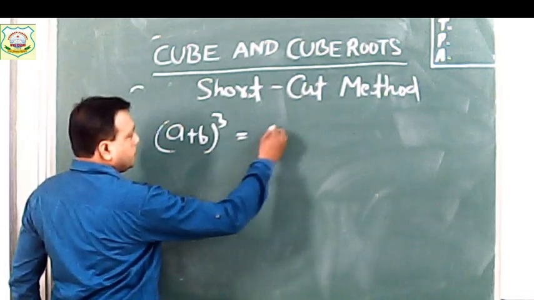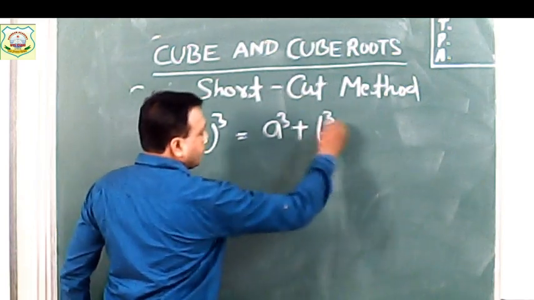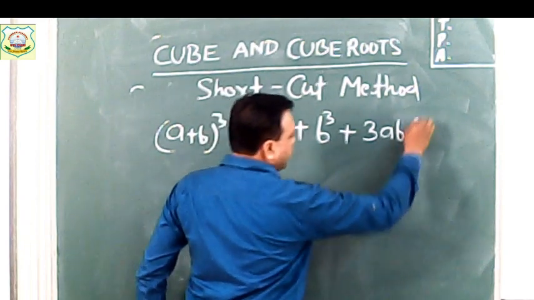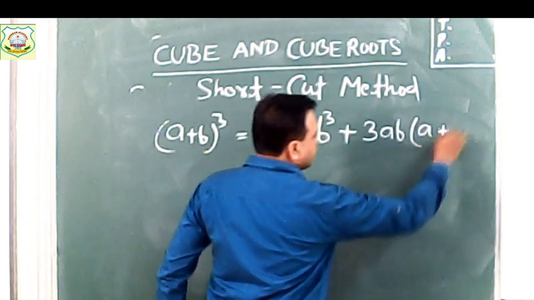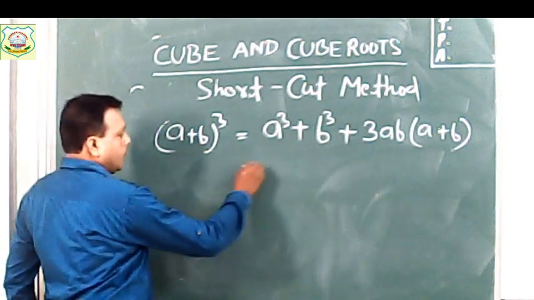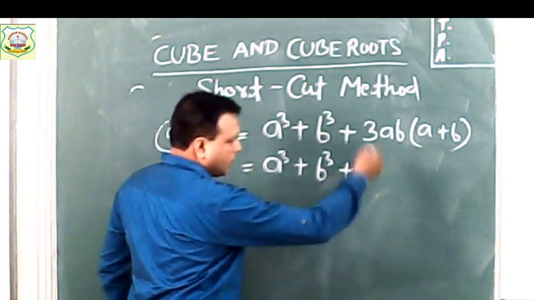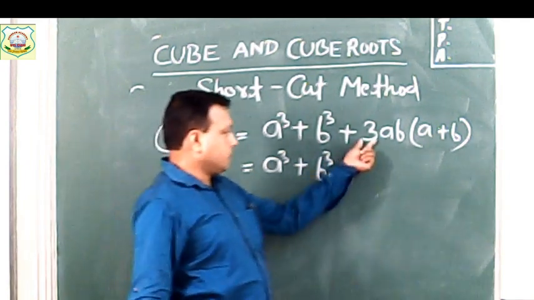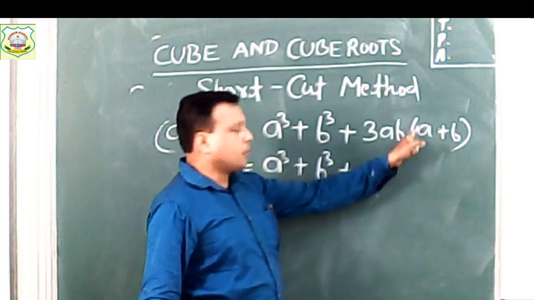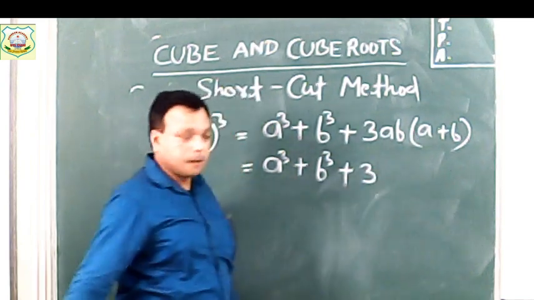A cube plus b cube plus 3ab, then multiply in the bracket a plus b. This is the formula. A cube plus b cube plus, now open a bracket, 3 and any number, but we can assume here 1. So 3 times 1 is 3. Clear?